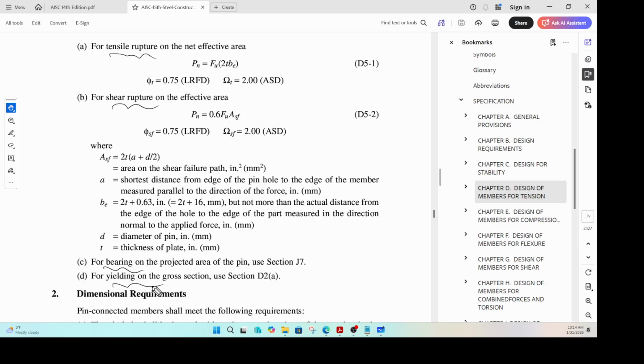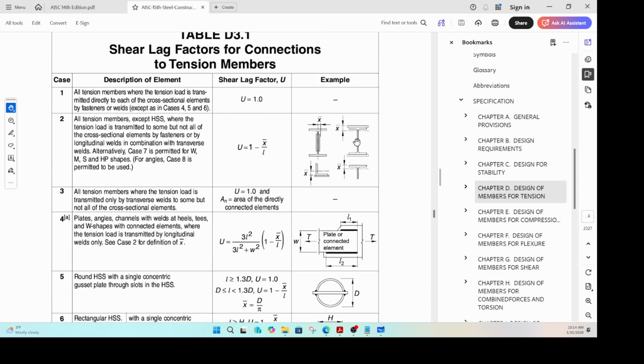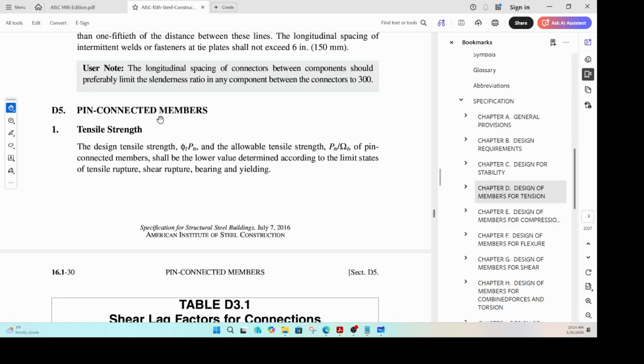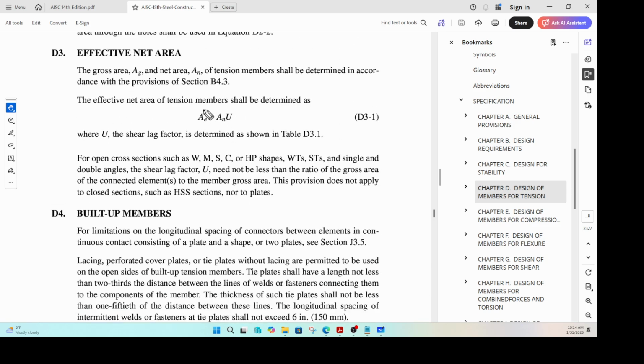We saw the pictures of all these different cases, and then we did some worked out examples on how U factor can be calculated on simple connections, and how A_n effective can be calculated. Okay, but those are straightforward problems. In the next session, we'll do a little more detailed problem on all this.